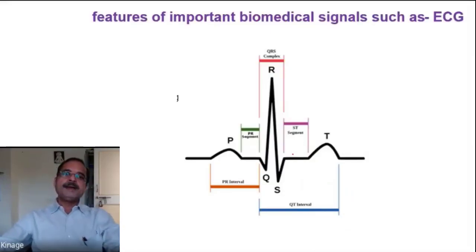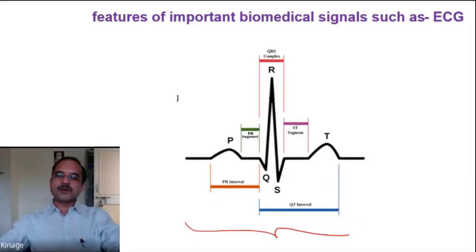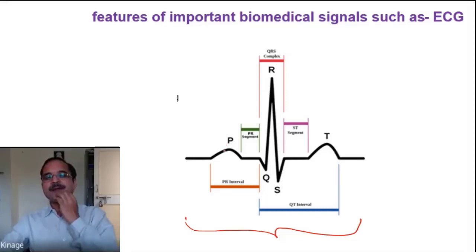And this is one complete cycle of the ECG waveform. When we plot ECG for any normal person, this is how it looks, and this is the standard pattern.